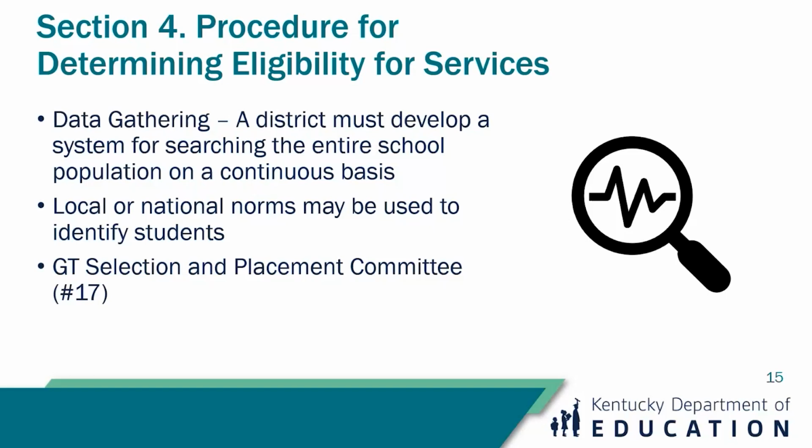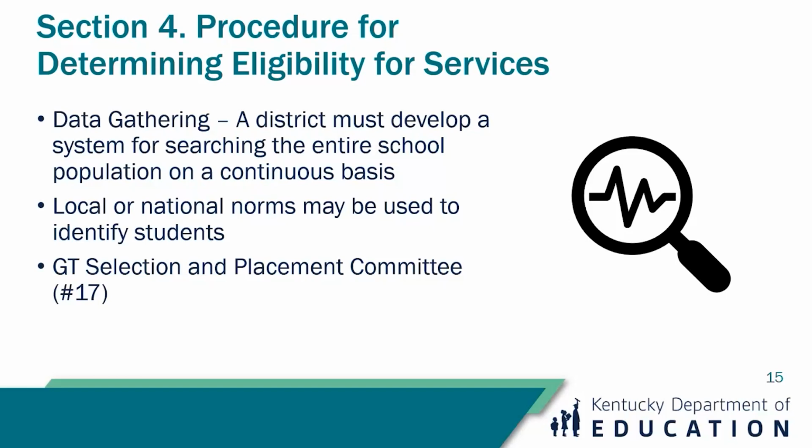We want to remember that we are continually looking for students 4th through 12th grade, especially if you've got a student who comes into your district from another state or from another district, and they have not been identified as gifted and talented. We want to make sure that we've screened them and possibly assess them for one of the 5 categories or for multiple of the 5 categories, make sure we haven't missed anybody.